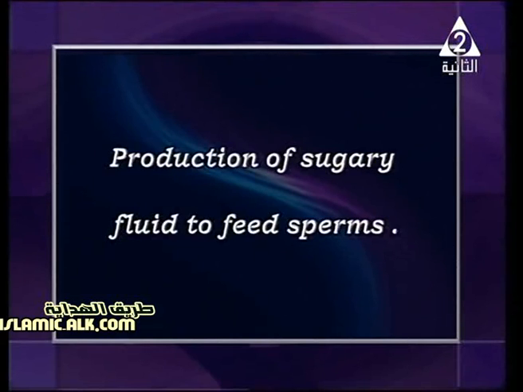The seminal vesicle already secreted fructose, but we need much more energy for the journey to reach the ovum and fertilize it. So the prostate gland and Cooper's glands produce a sugary fluid also to feed the sperms.